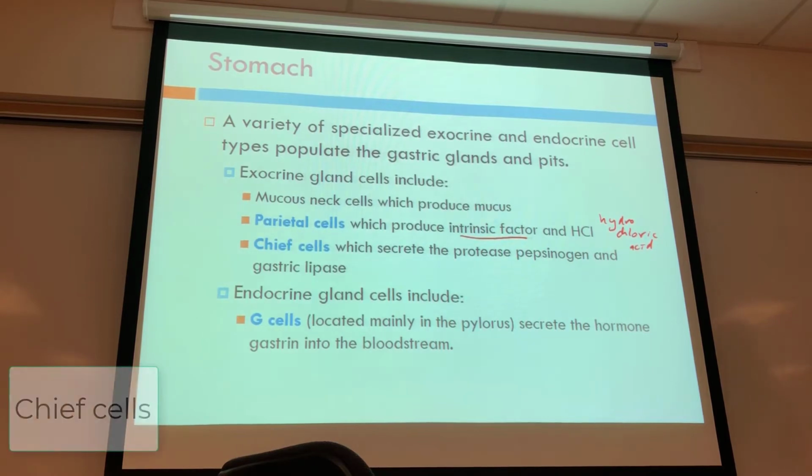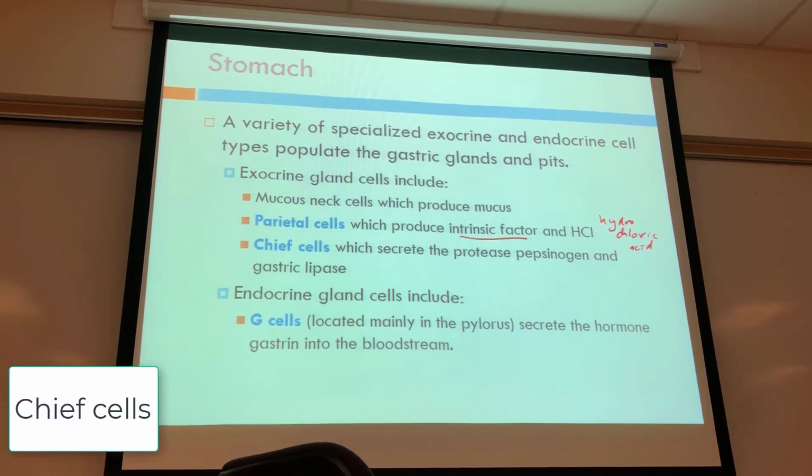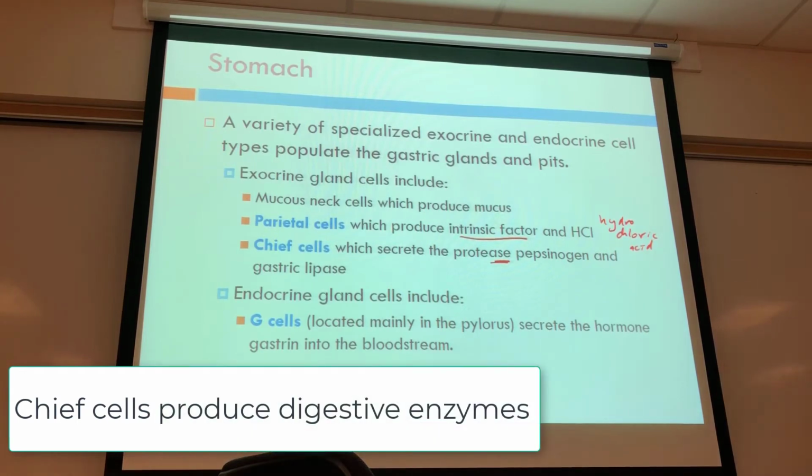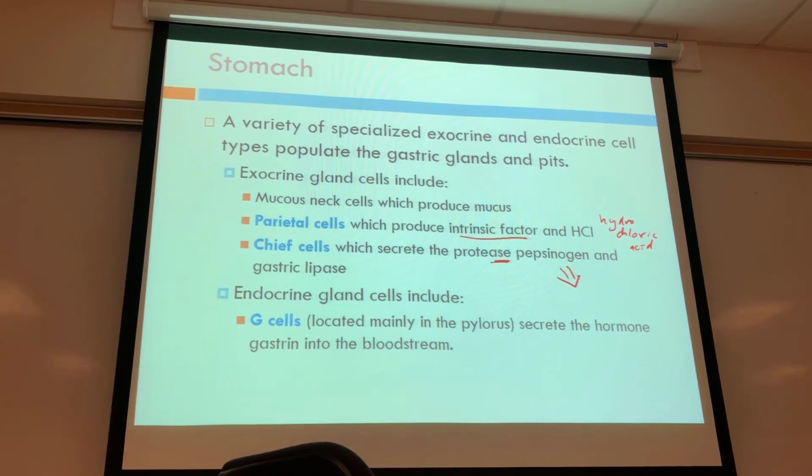Now, chief cells are going to be secreting a protease. Ase being an enzyme, protease referring to an enzyme that breaks down protein. And the first one that's called is pepsinogen, which we'll learn about in just a little bit. Pepsinogen is the inactivated form, and by the time it makes its way into the low pH, a pH of 2, it becomes pepsin.